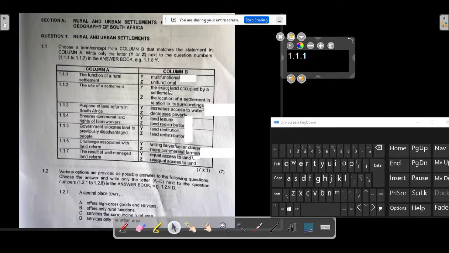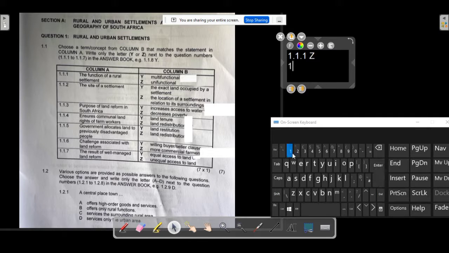In this case, that means it's one function, so it is unifunctional. Unifunctional means one. So for 1.1.1, we are going with Z, unifunctional.